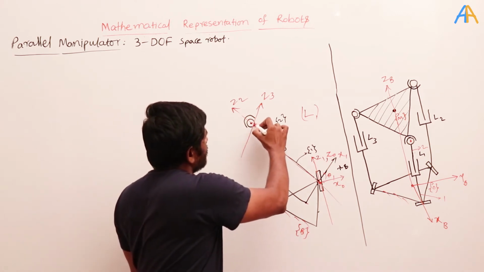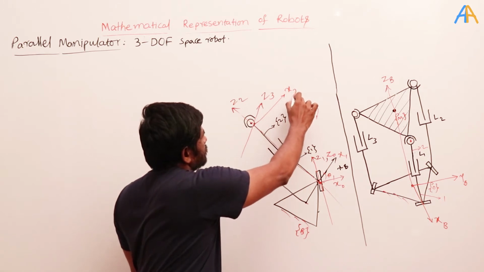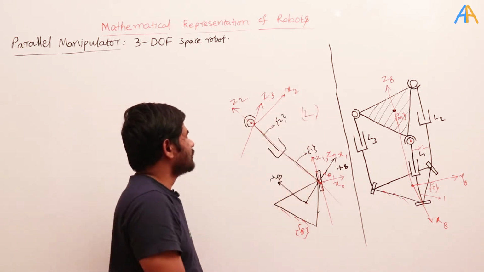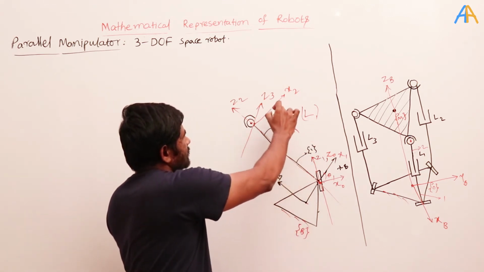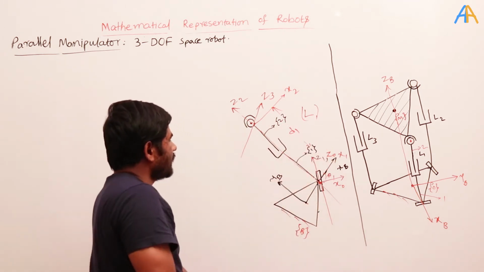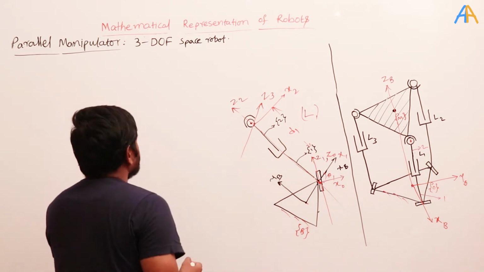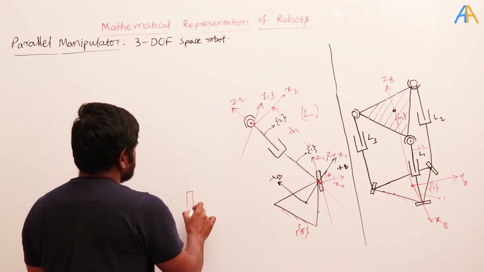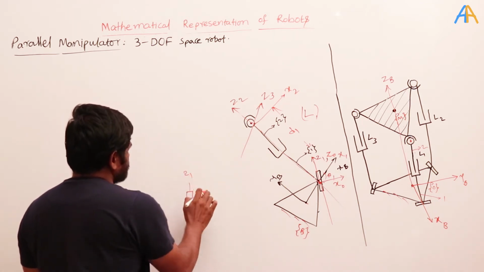So if I draw, this is x2, and the distance between x1 and x2 is nothing but d1. I will consider this as d1 from here to here. So I identified, if I see this in 2D, then how is it visible? This is the Z1, let's say this is the Z1.